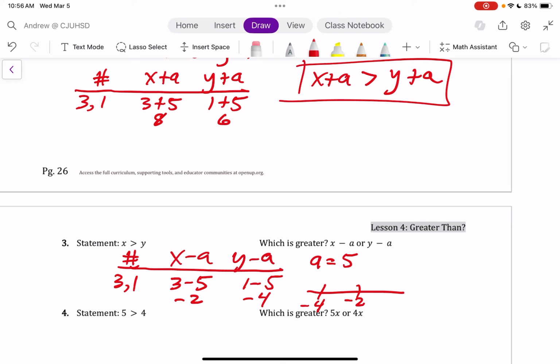So that means x minus a is greater than y minus a. So if x is bigger than y, and you subtract a number, then still x minus a is bigger than y minus a.